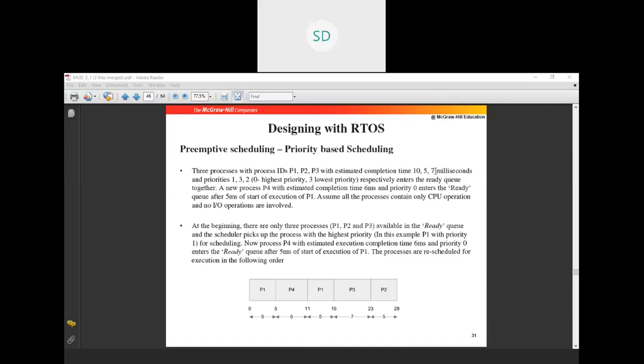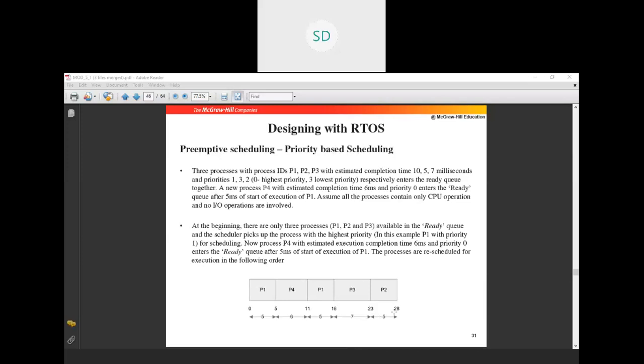The execution time for process 3 is 7, so 16 plus 7 is 23. Till the 23rd time unit process 3 will be executed. At the completion of process 3, only P2 is left in the ready queue, so it will be executed. 23 plus 5, its execution time, is 28. At 28 time units all the processes have completed execution.